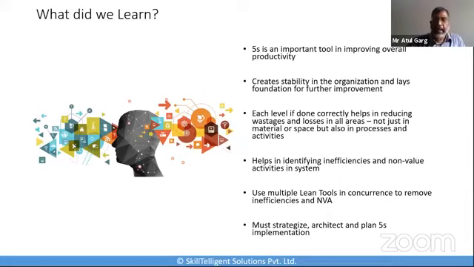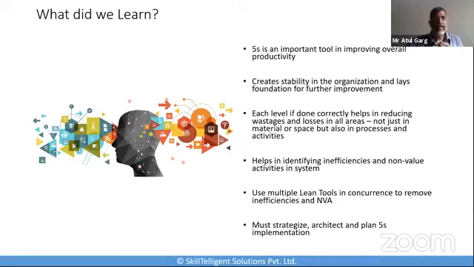5S has to be done along with multiple lean tools concurrently to remove the inefficiencies and the non-value added activities. 5S alone doesn't work. You have to use multiple other lean tools side by side. And to implement 5S effectively, one has to strategize, architect, and plan the implementation in a correct manner.